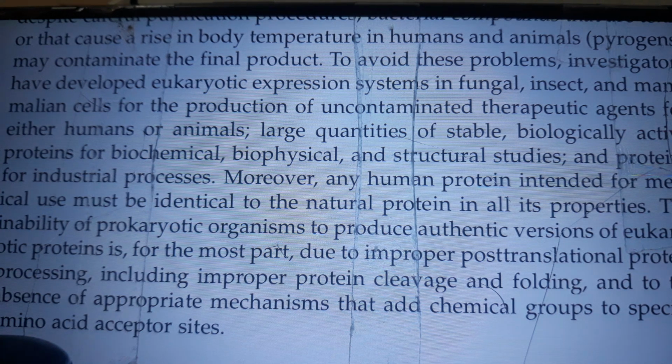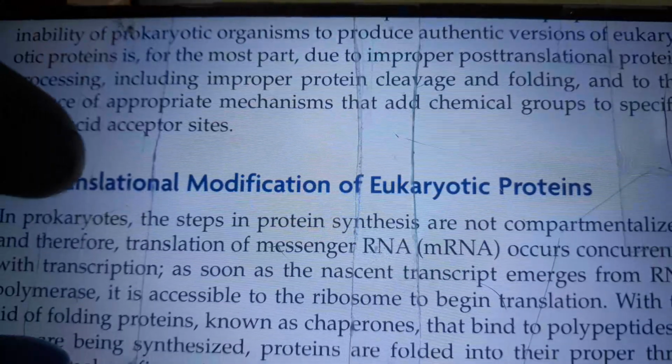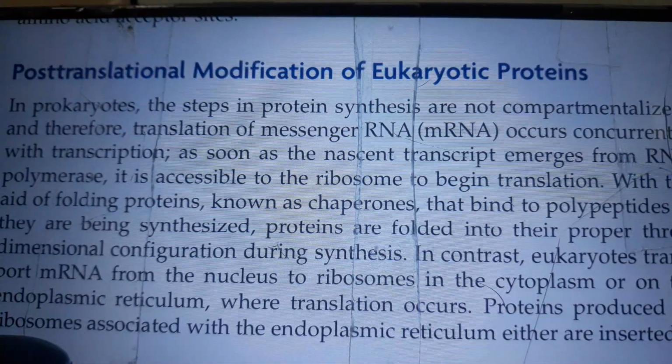The inability of prokaryotic organisms to produce authentic versions of eukaryotic proteins is, for the most part, due to improper post-translational protein processing, including improper protein cleavage and folding, and to the absence of appropriate mechanisms that add chemical groups to specific amino acid receptor sites. All right, that's the intro, and on to the first part of it, the subdivisions.